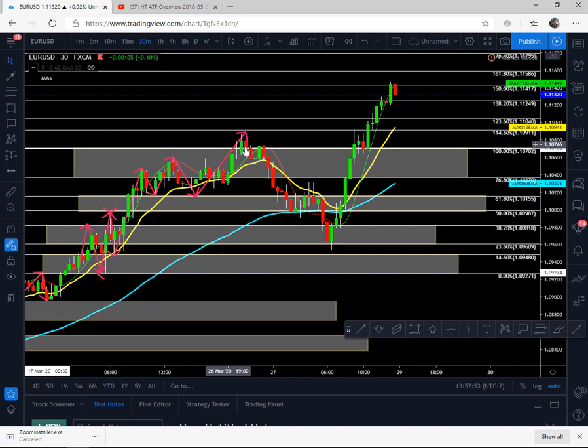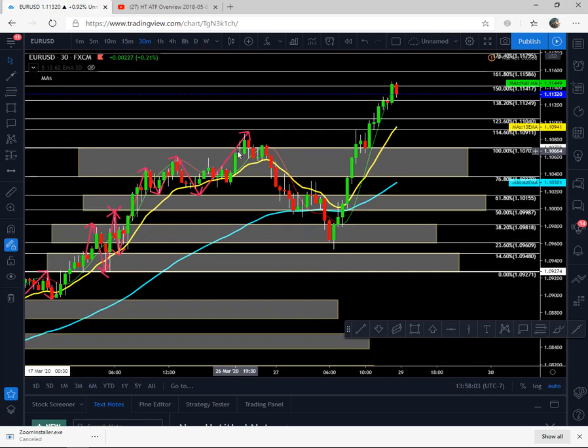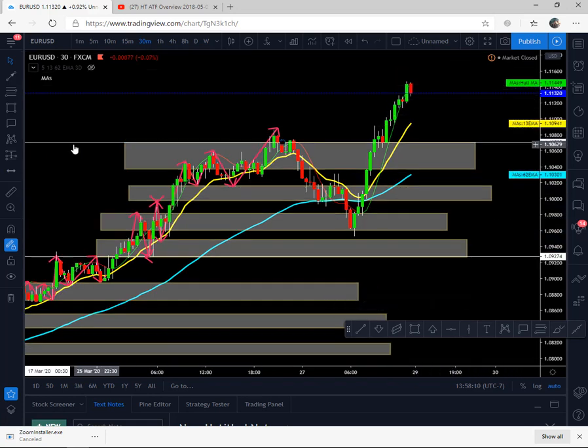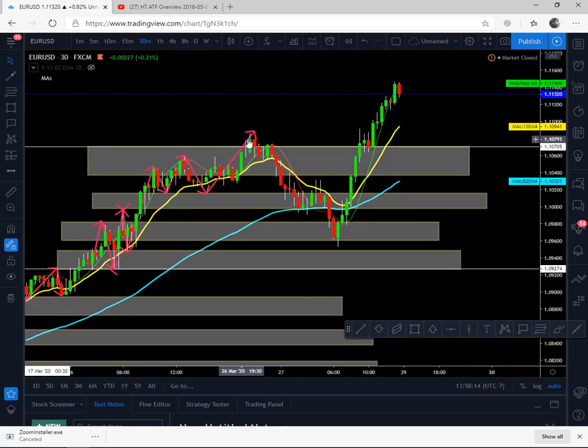So after reaching this area right here, after reaching pretty much another 144 pips, price started to come down.